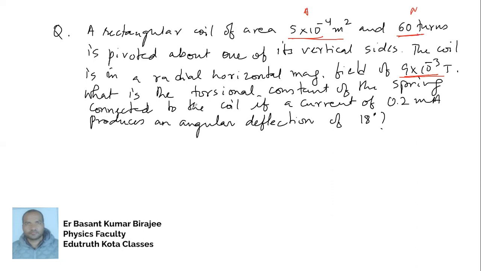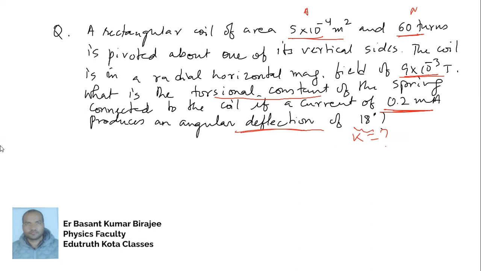Now we have to calculate the torsional constant, the value of K of the spring, and the current is 0.2 milliampere, and angular deflection of the coil is given to be 18 degree. So how much is the K?